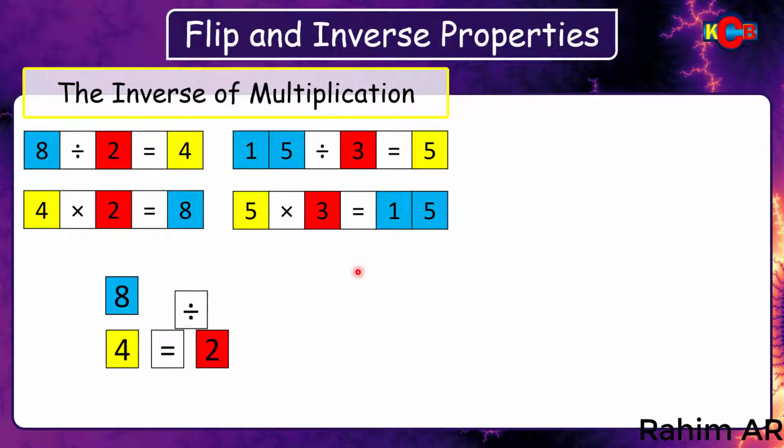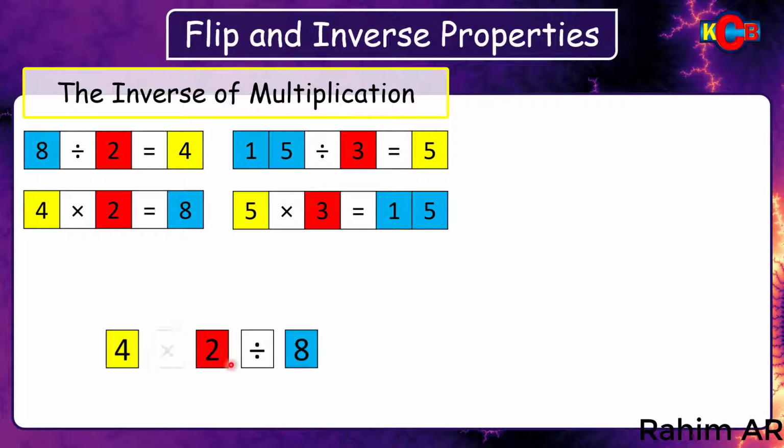Rearrange and put the numbers back in backward order. Then I change the sign of division into the sign of equals to. And then I change it into equals to, like this. Again, I repeat. The sign of equals to here changes into the sign of multiplication.